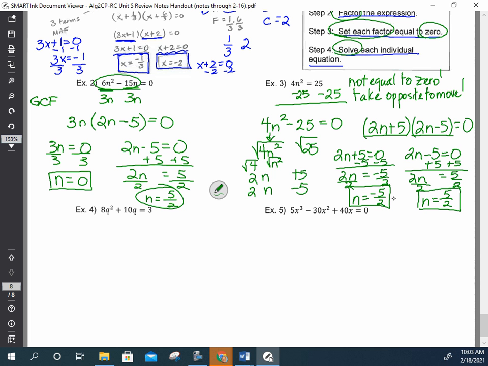So for example 3, we used the difference of two squares to help us with that problem. Any questions on examples 2 or 3?